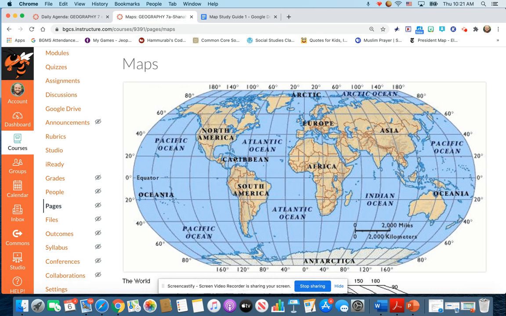Let's do one more. We're going over here to Europe. Now there's not a line that goes directly through Europe, but we're still going to follow the map over to the side. And now I can see I'm in the middle of 40 degrees north and 60 degrees north. So if I think to myself, what's the middle of 40 and 60? It's going to be 50 degrees north.